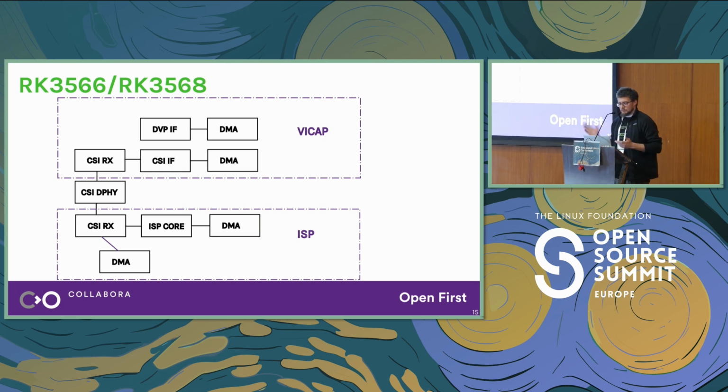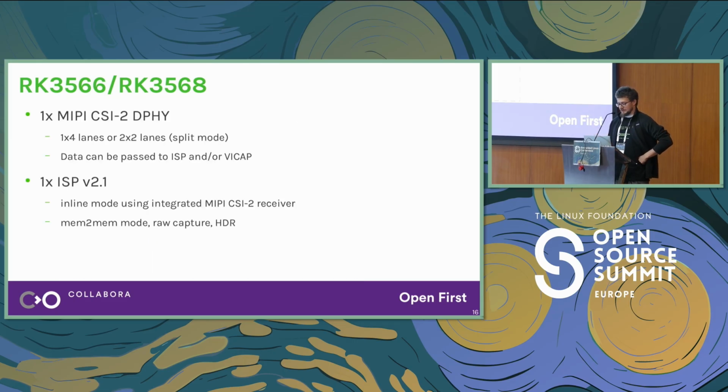Right. So again, we have those two groups, and the first group is roughly like this. There is one CSI D-PHY. There are two CSI controllers. That's the receiver. And we've got the VCAP and the ISP. So roughly this. Let's go through it in detail.